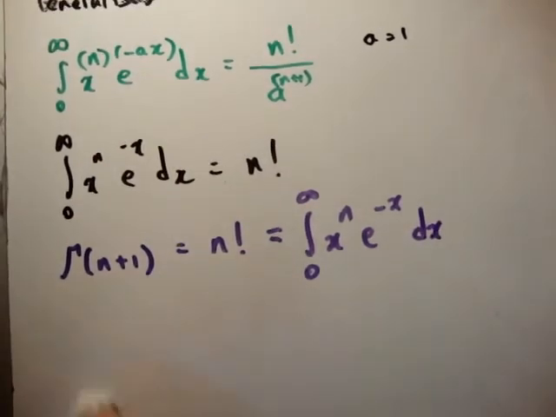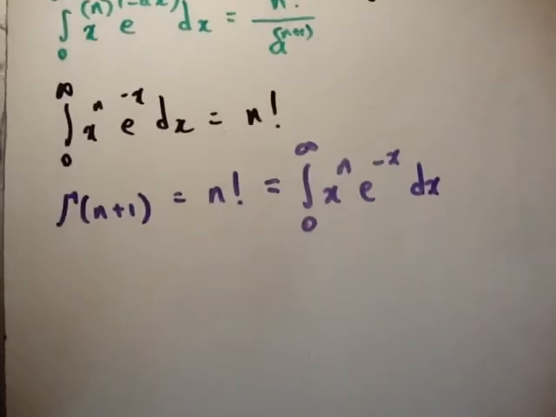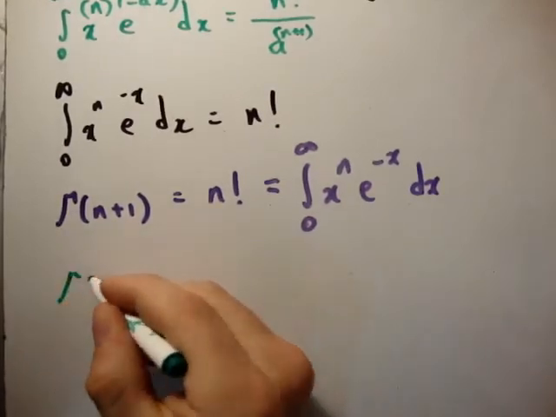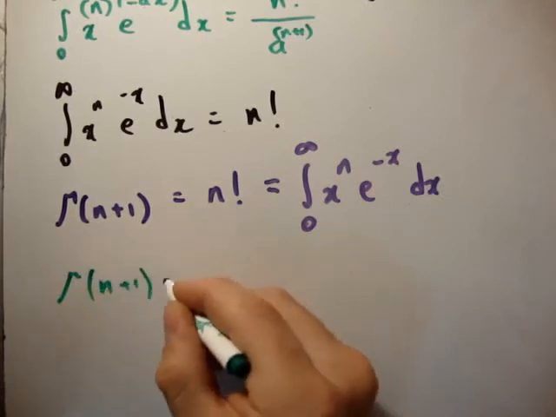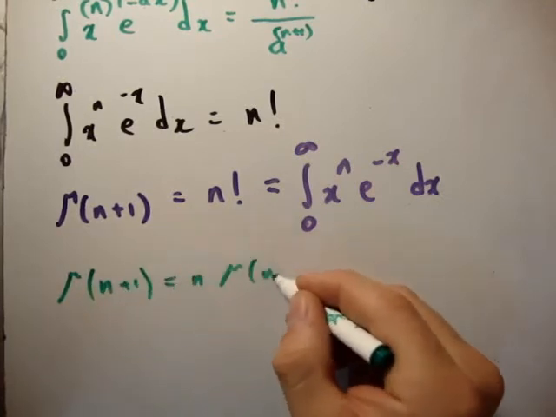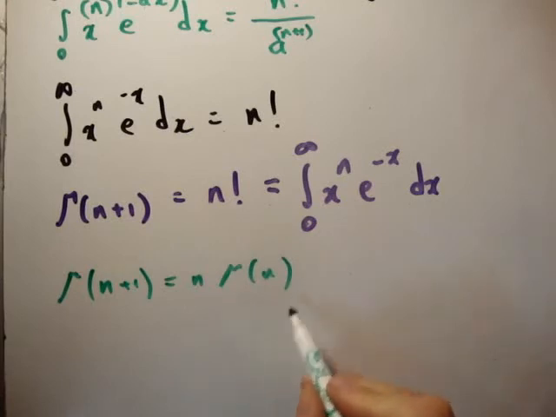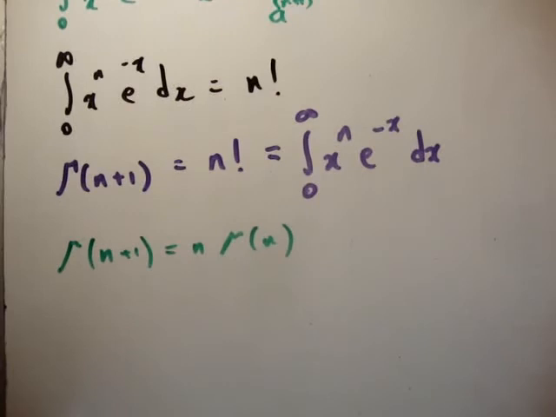Now, why is the gamma function useful? Well, I said because it generalizes the factorial to non-integers. So that means, of course, that the gamma of n plus 1 is equal to n times the gamma of n, because this is n factorial. This n plus 1 is quite confusing. What if we look at what happens if n is equal to 0? So we try and get the factorial of 0.